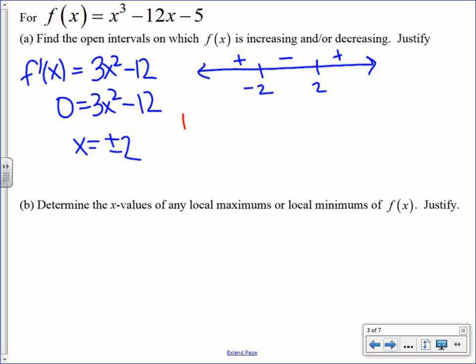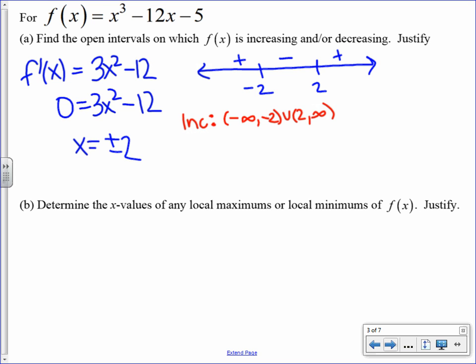So we are increasing where? Here's an important idea.